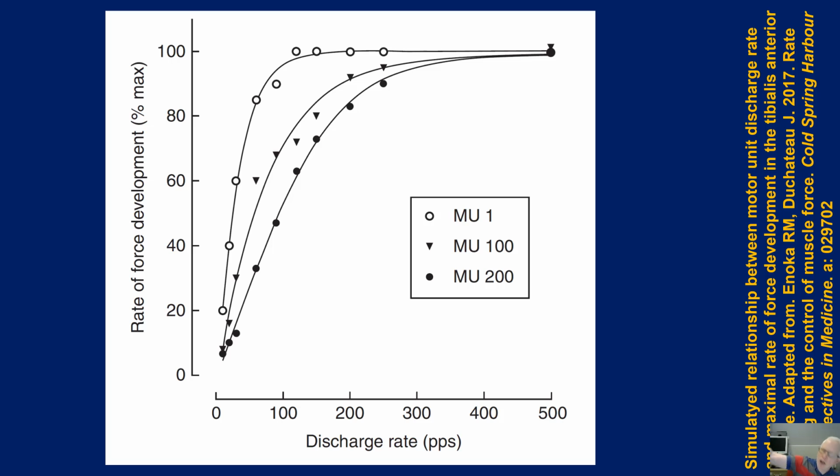It's the notion of how quickly we can keep recruiting the fibres, the discharge rate, how quickly that electrical signal can come through the CNS, through the motor unit, and innervate the fibre to generate force. And the more quickly we can repeat that process, the more force we're going to be able to generate.